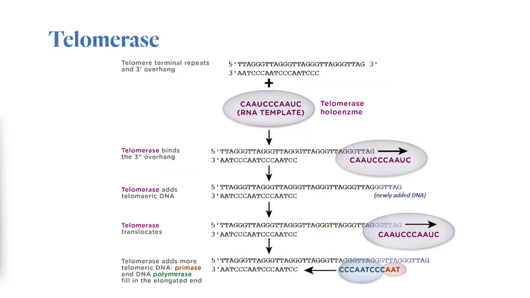To work around this so-called end replication problem, eukaryotic cells have a specialized enzyme called telomerase, or TERT. Telomerase is a very special enzyme in that it contains an RNA component called TERC. This RNA serves as a template for TERT to add new nucleotides to the ends of chromosomes.